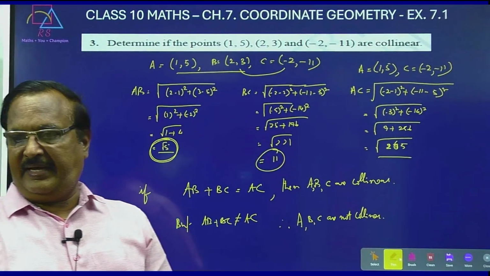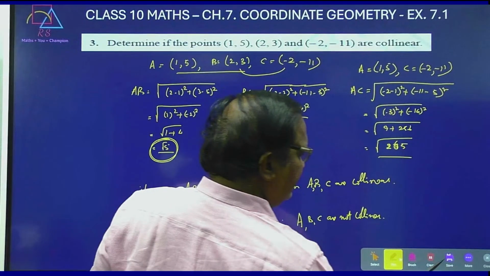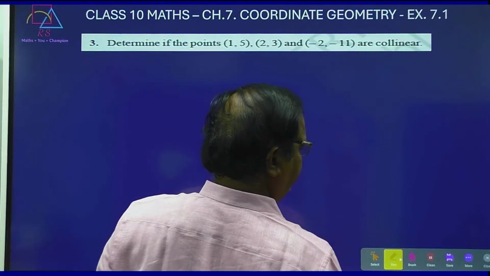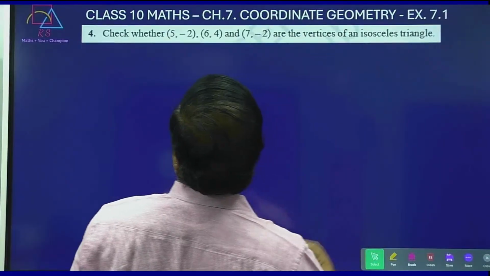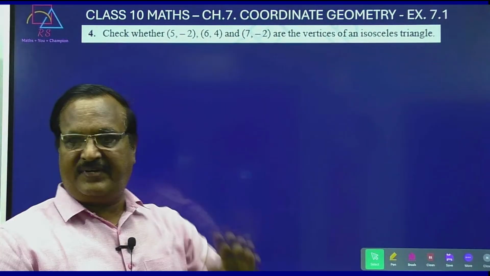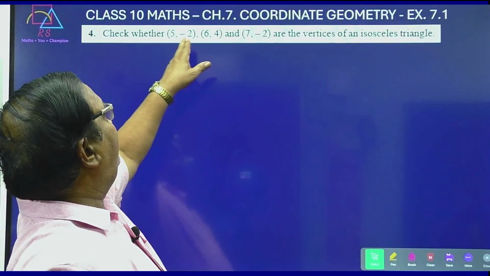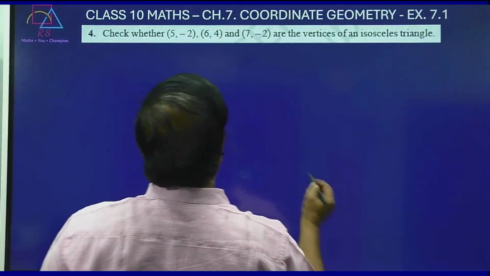Okay. So now let us go to another question. Check whether the given points are the vertices of an isosceles triangle or not. Okay, we have to find out whether these are isosceles triangle vertices or not.